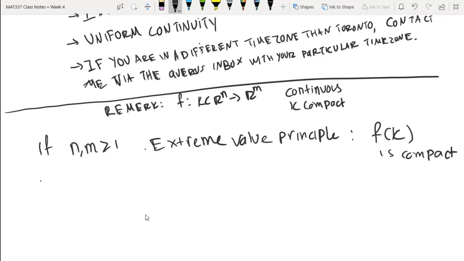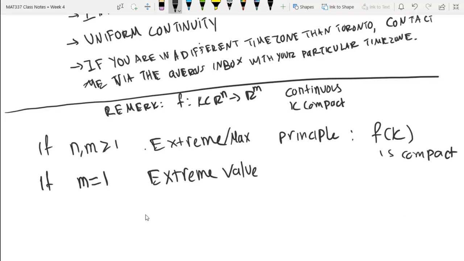If m is 1, we have the extreme value theorem, meaning you have that it attains the endpoints.